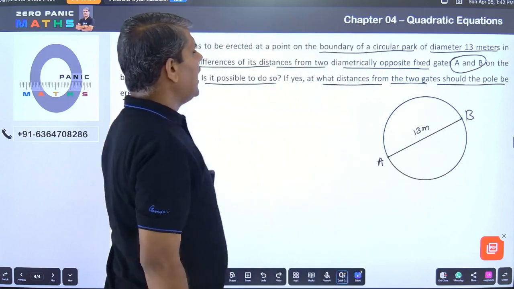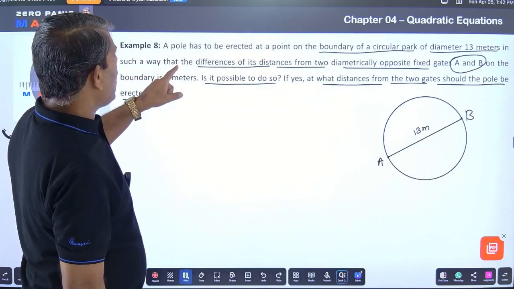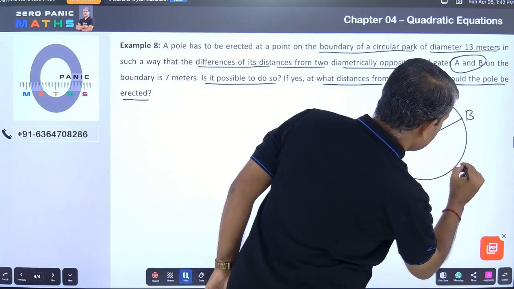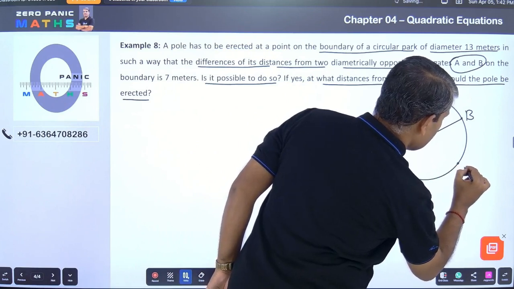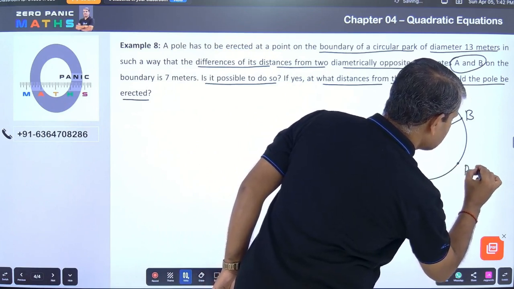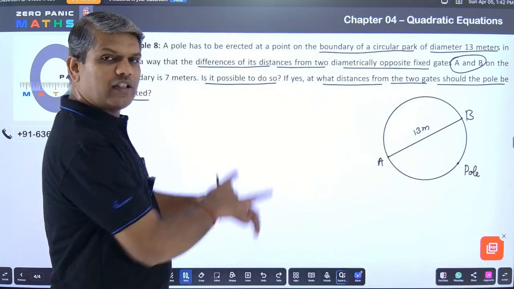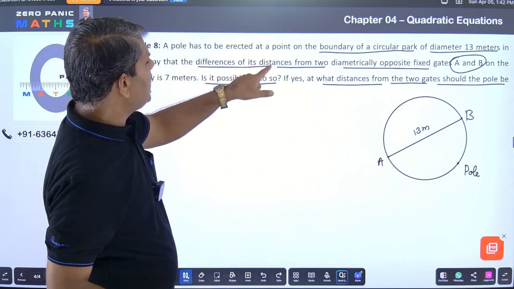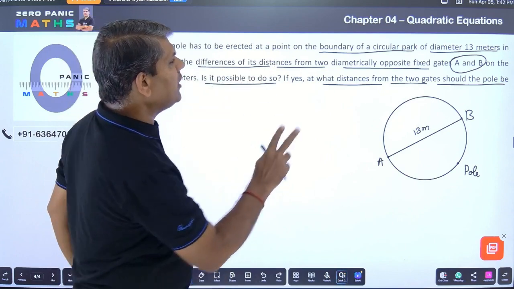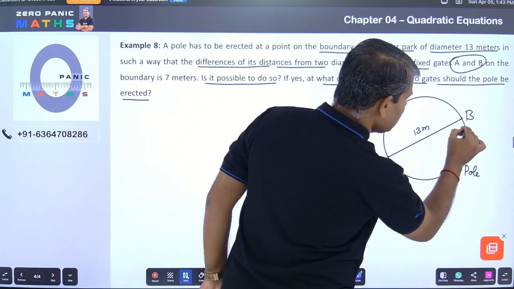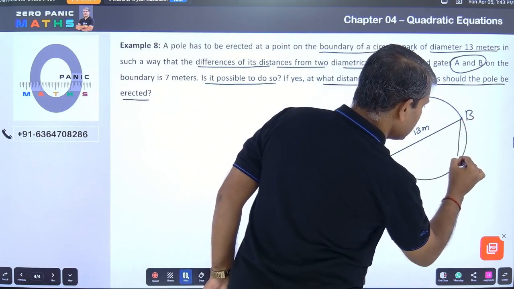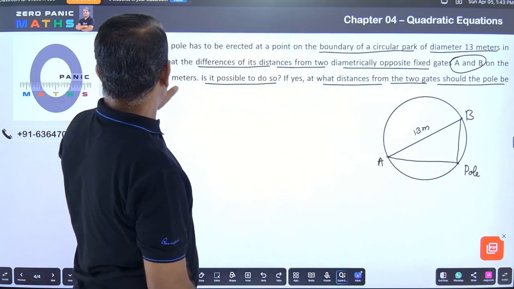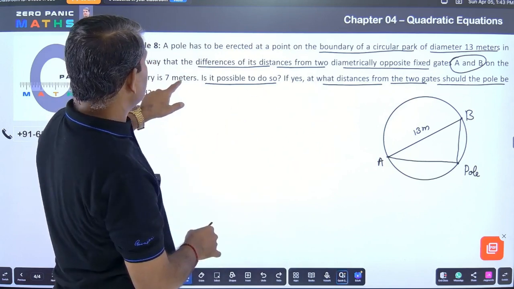Then they want a point on the boundary of the circular park. Let us suppose this is that point. They want to erect a pole here, on the boundary only, in such a way that the difference of its distances from the two diametrically opposite gates, this distance and this distance, is 7 meters.